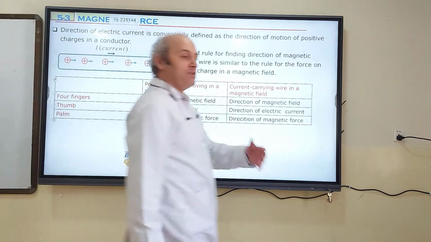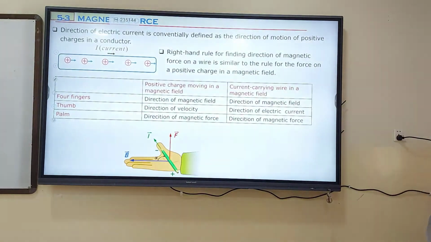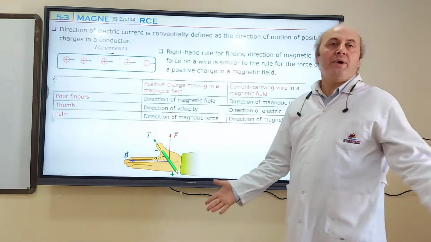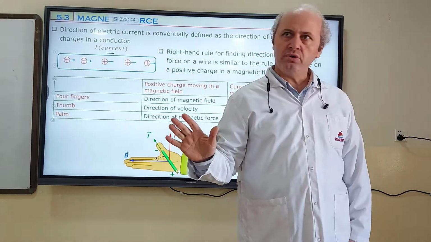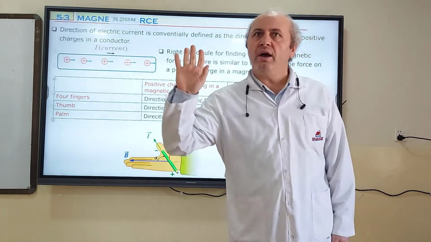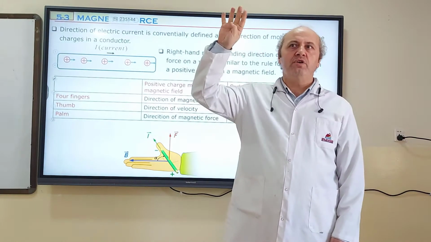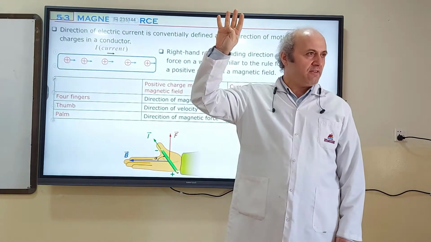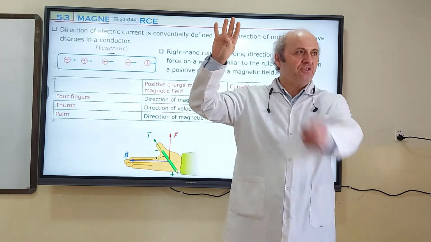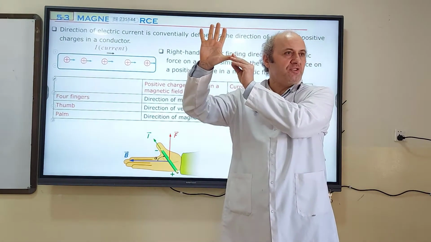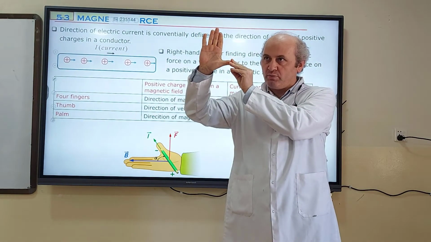And, of course, a force is a vector quantity. We have to, again, use right-hand rule. Same right-hand rule we will use. No different. For charged particle, forefinger was the magnetic field direction, again magnetic field direction. In charged particles, thumb was showing the direction of the charged particle motion.